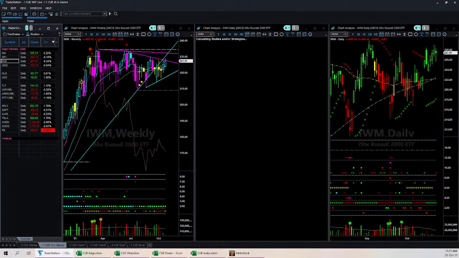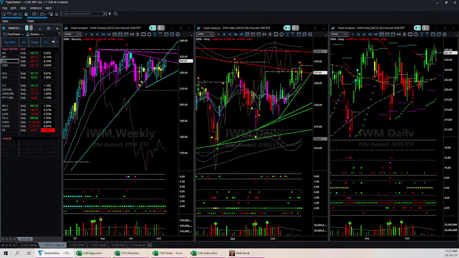Then IWM, small cap stocks. In fact, if you kept an eye on these trend line resistances, the watermark level, even this shorter term watermark level, on Thursday, using intraday fine-tune chart, you could take a short trade.